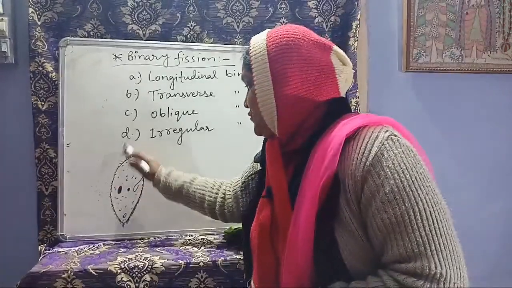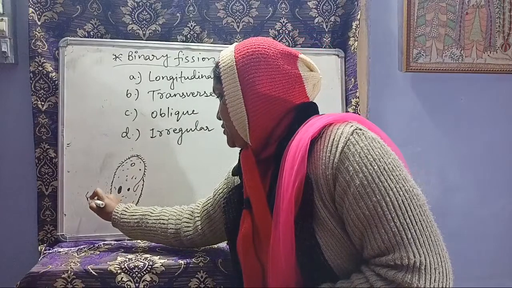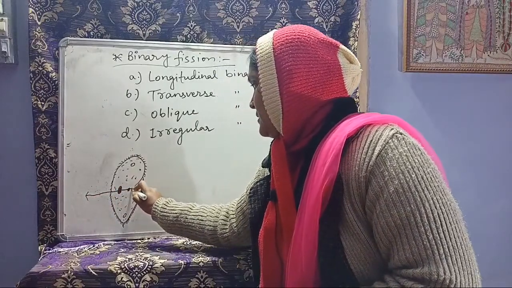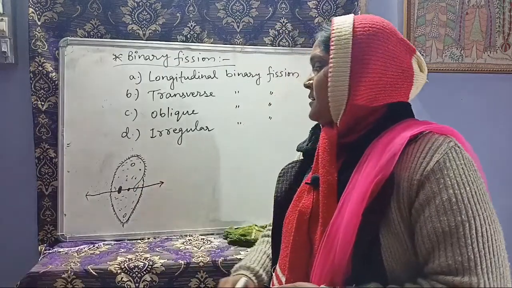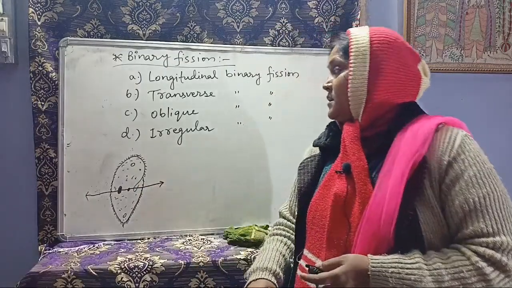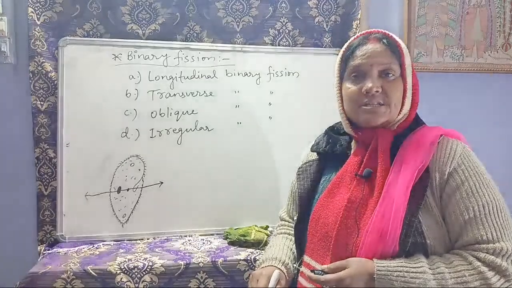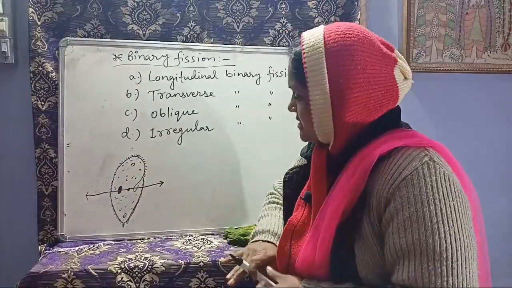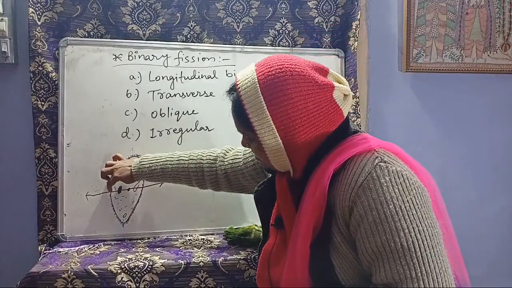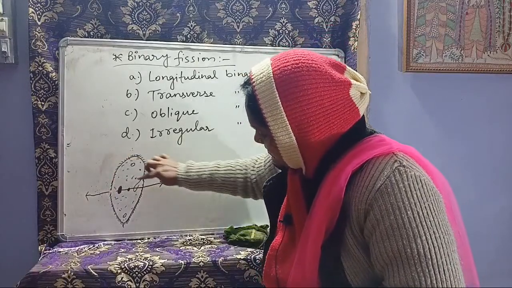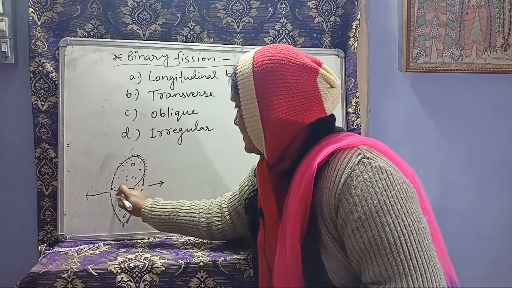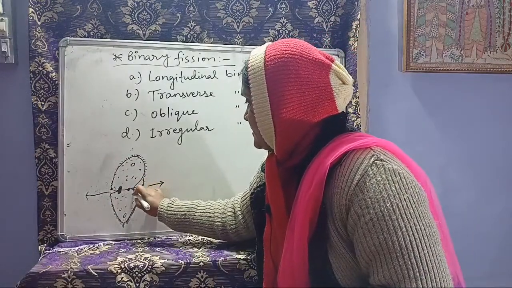Paramecium divides to form two daughters, and this division is through the transverse axis. That means the cell membrane invaginates in this direction.